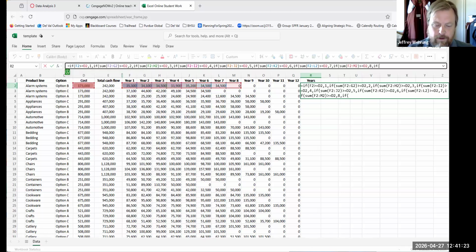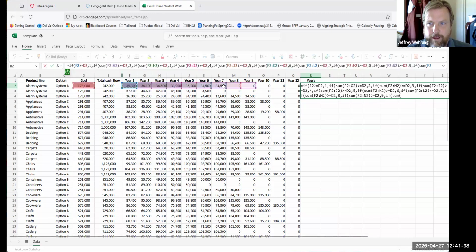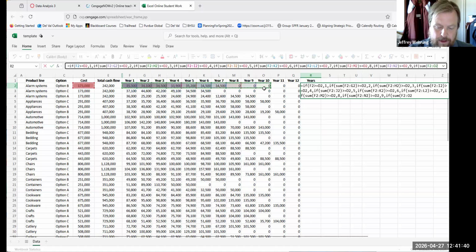Otherwise, if the sum of year 1 through 9 is greater than or equal to the initial cost, then we return a 9. Otherwise, if the sum of years 1 through 10 is greater than or equal to our initial cost, then return a 10.